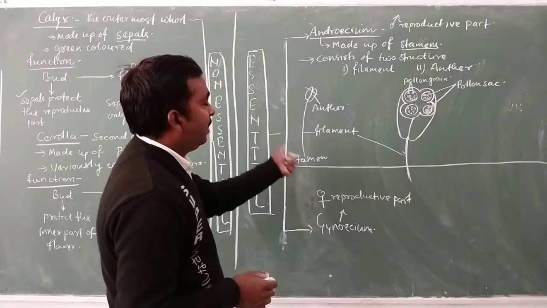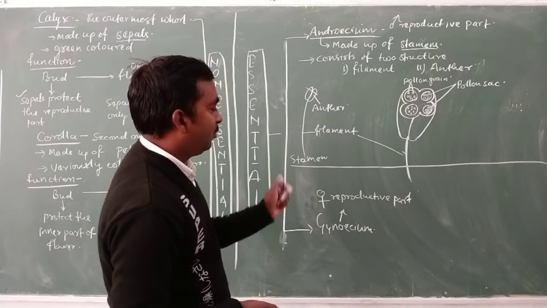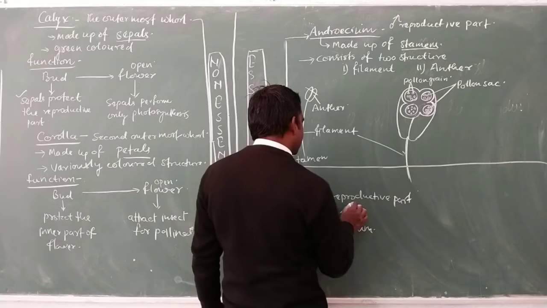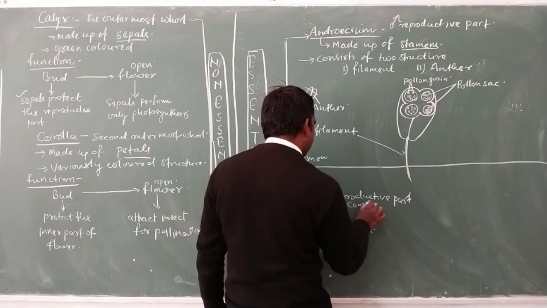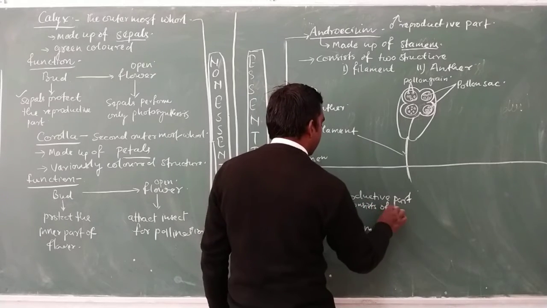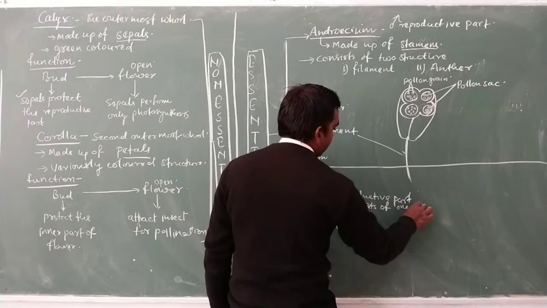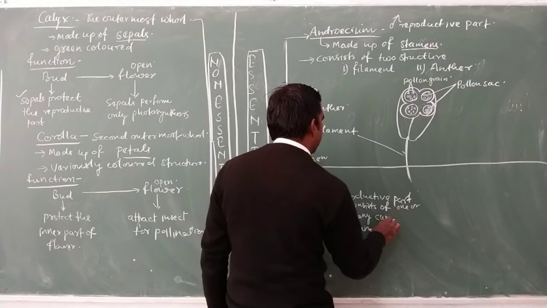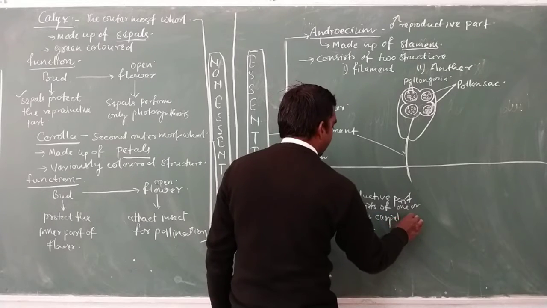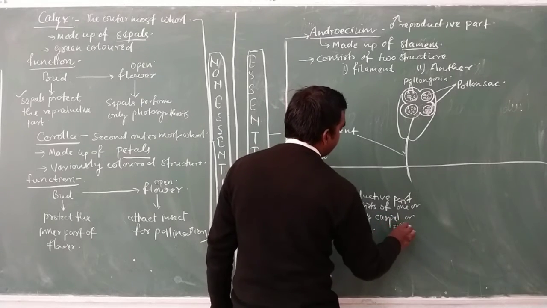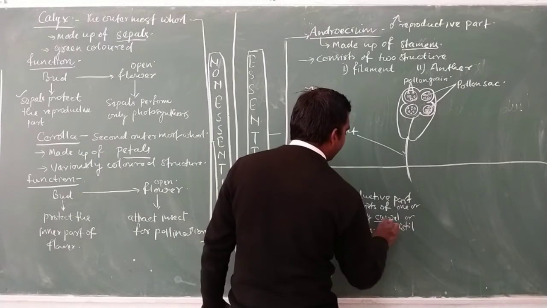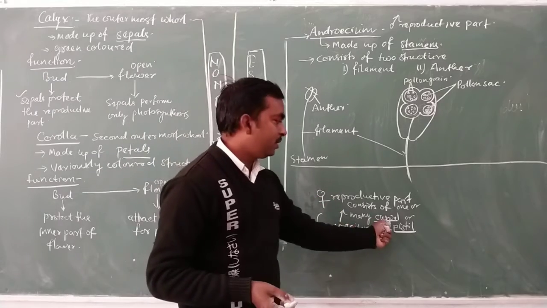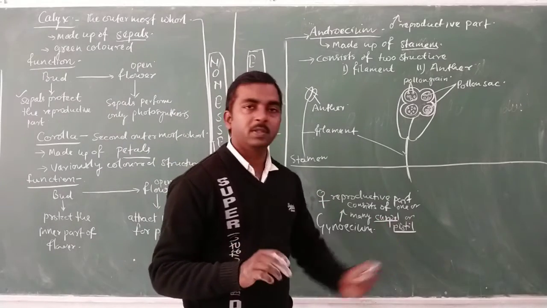In this female reproductive part, the gynoecium consists of one or many carpels, or it is also known as pistil. So here we see the individual member of gynoecium is the carpel or pistil.